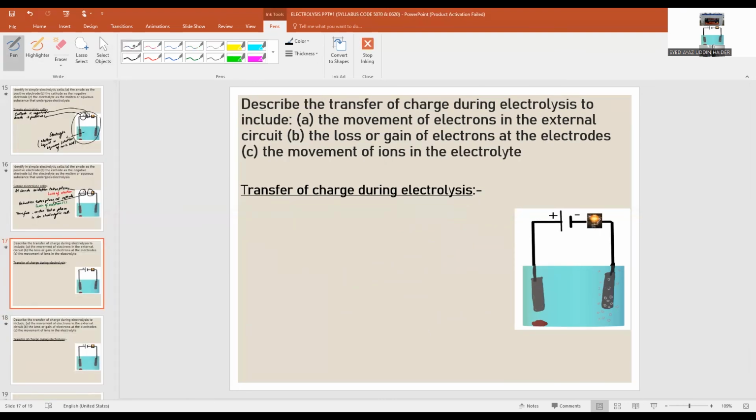During electrolysis, electrons are conducted from the anode to the cathode through an outside electrical current. So electrons flow in this way, from anode to cathode.